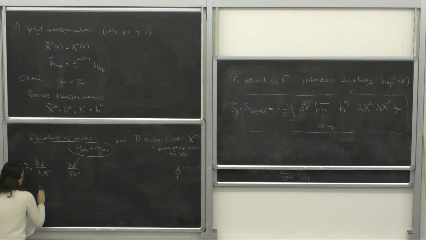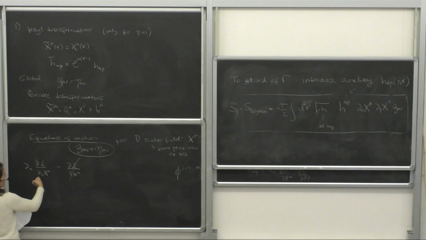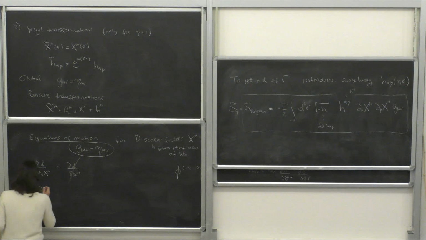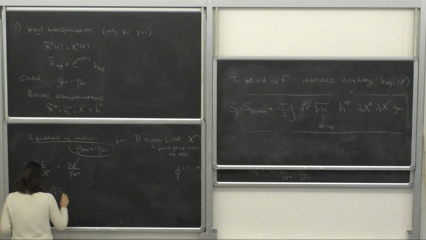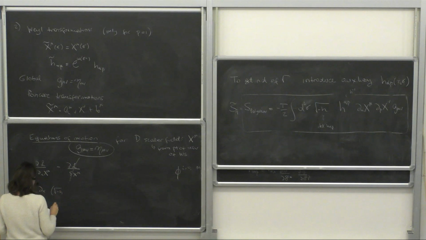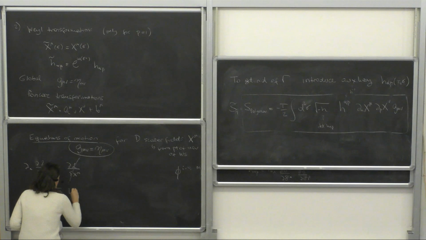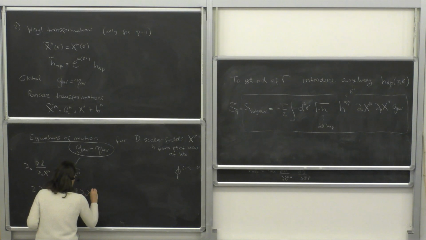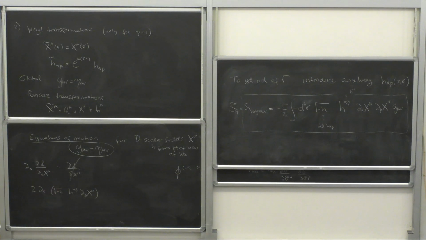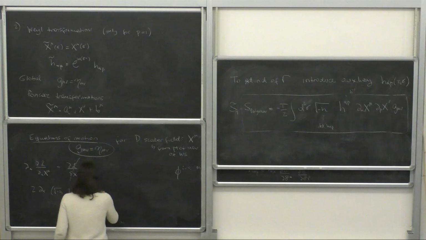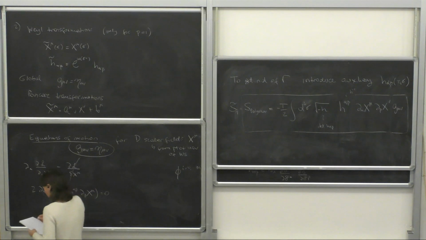And what we get here is the derivative of the Lagrangian with respect to d alpha x mu. So we get d alpha, and then this is square root of minus h, with a factor of 2, square root of minus h h alpha beta, d beta x mu, right? This should be equal to 0.